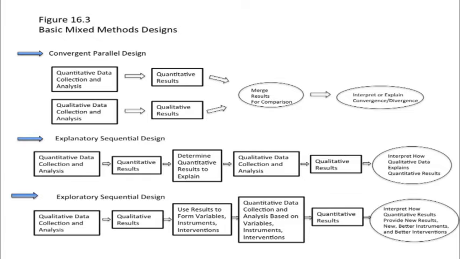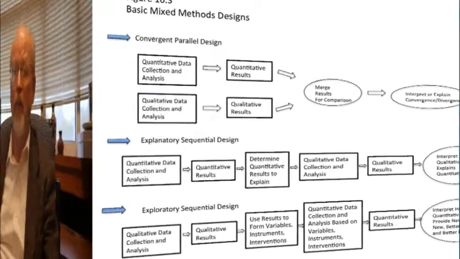You can also see in this diagram that I have some arrows that indicate the flow of activities in the mixed methods project. So you don't need to think up what your diagram might be in terms of a basic design. You could use one of these as a model for your basic design.